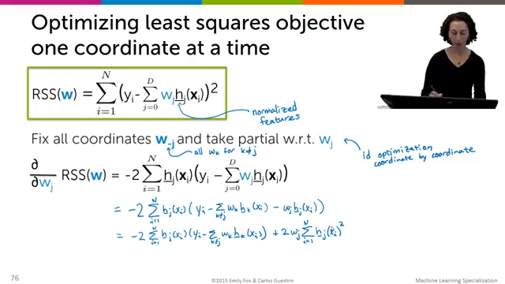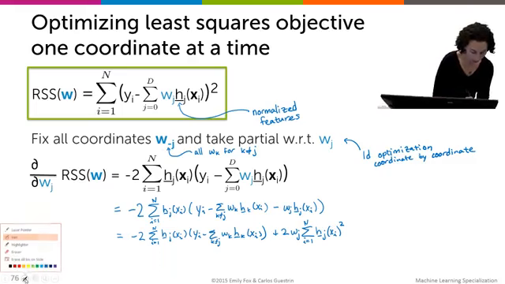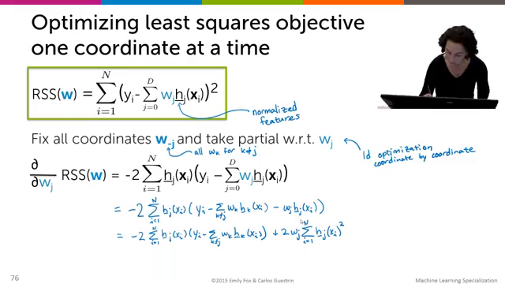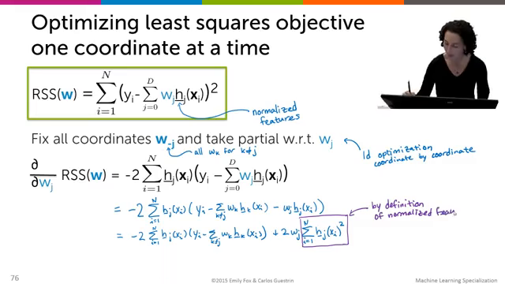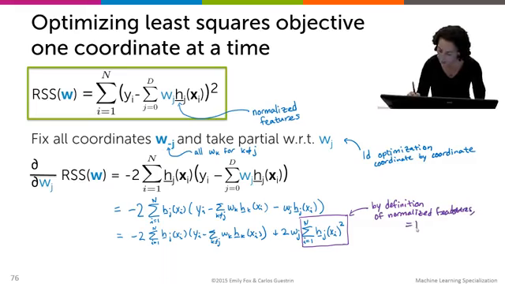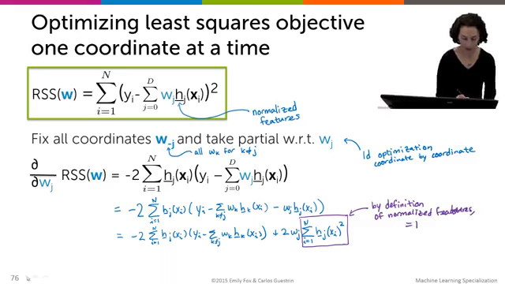And my features are normalized. So what is the sum of the squared values of my normalized features? Well, by definition of normalization, this is equal to 1.